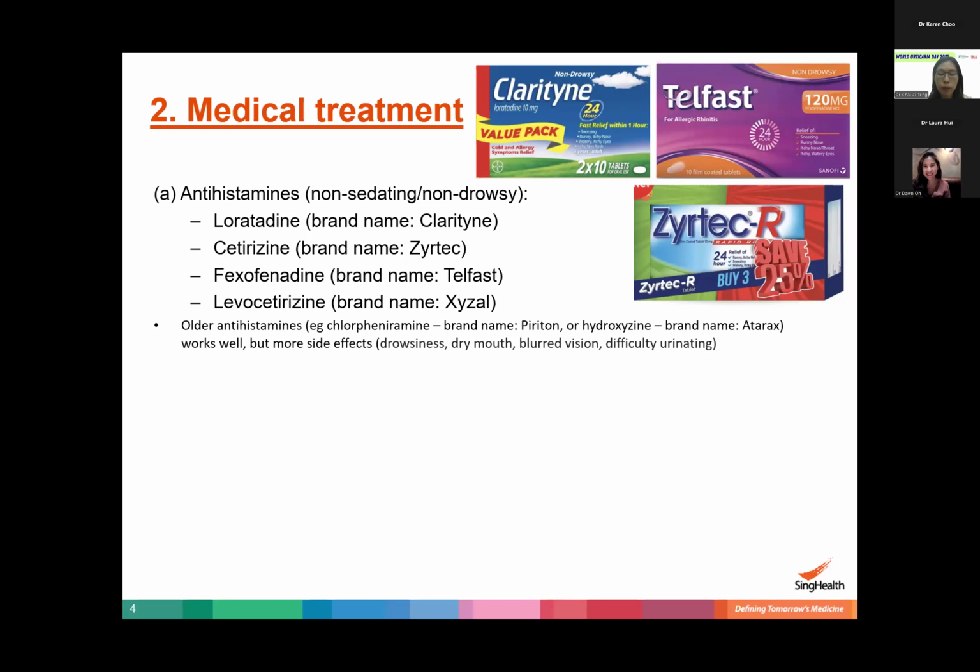For example, you might have heard of chlorpheniramine or the brand Piriton. The other one is a small white one, hydroxyzine or the brand Atarax. They work well too, but they tend to have more side effects. They help you sleep. Other than that, they might also cause dry mouth, sometimes dry eyes. And in elderly patients, especially males, they might also cause difficulty urinating.